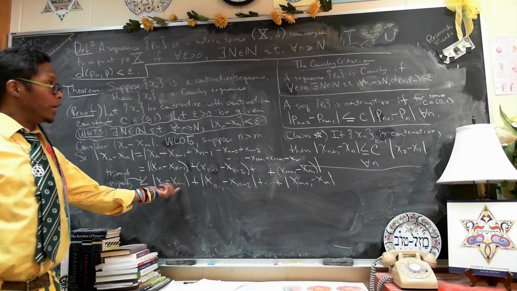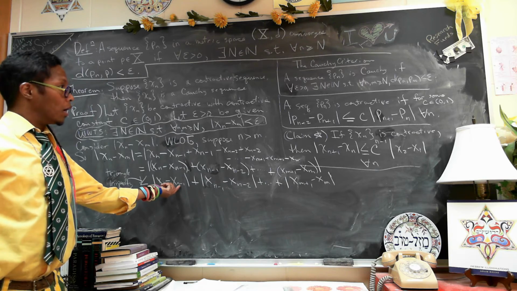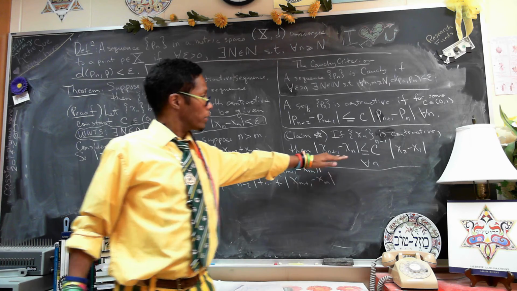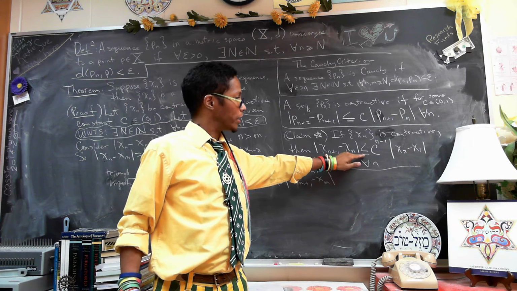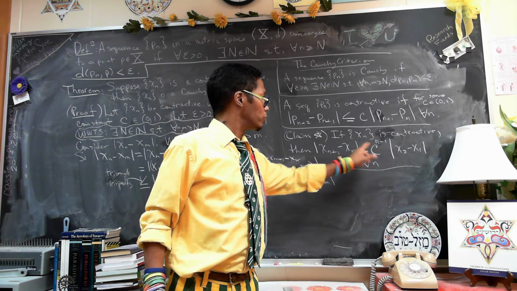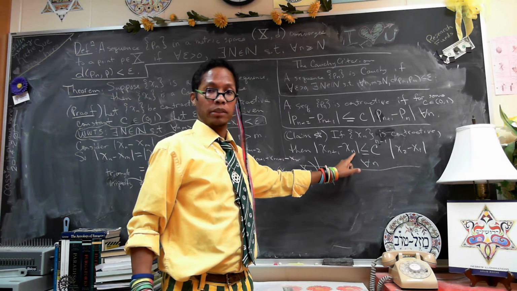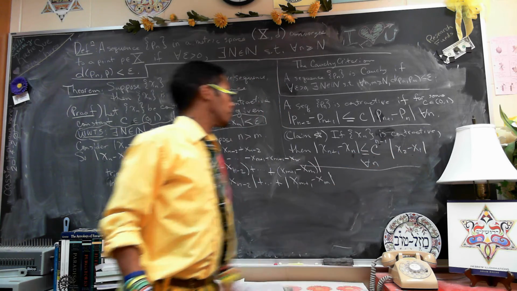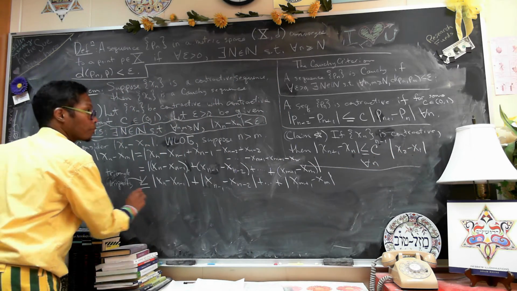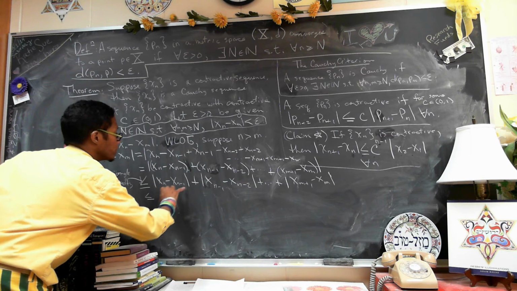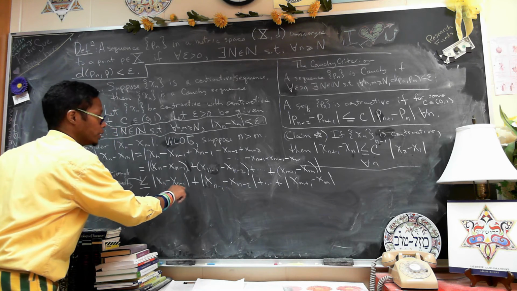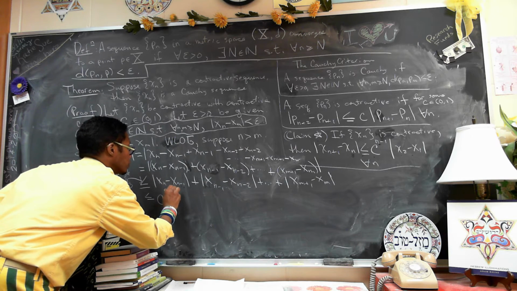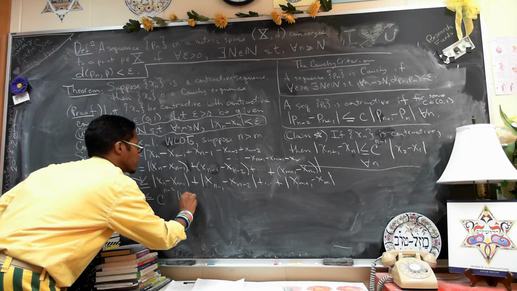Now to each of these, I'm going to impose claim star. By claim star, the absolute value of x sub n plus 1 minus x sub n is less than or equal to c to the n minus 1, the exponent is 1 less than this index, times the absolute value of x sub 2 minus x sub 1. So applying that to the first one, this term itself is less than or equal to c to the power n minus 2 times the absolute value of x2 minus x1.